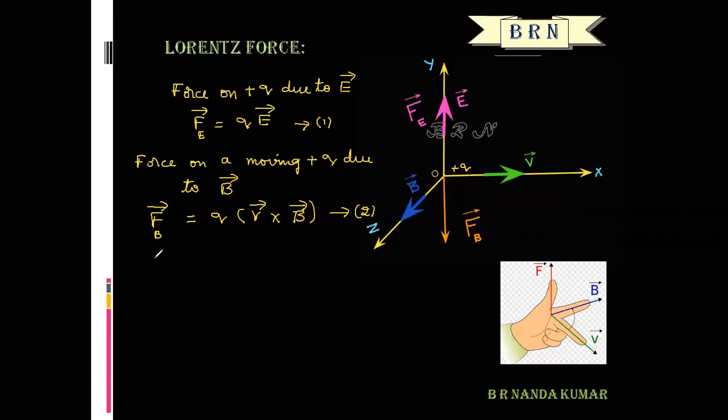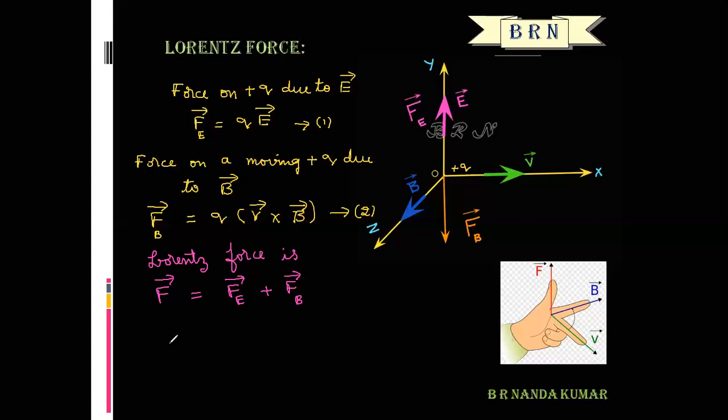So the mathematical expression for the Lorentz force. Lorentz force F vector is equal to F E vector plus F B vector.